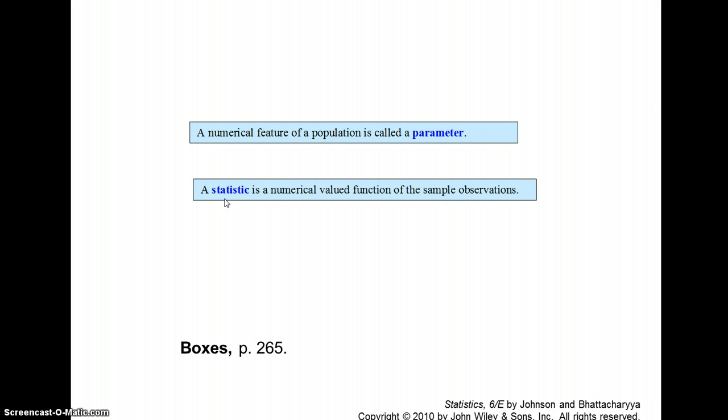So it's more like a sample mean, sample standard deviation, sample variance. So that's the difference between parameter and statistic. Parameters are examples like population mean, population standard deviation, population variance, and statistics are sample mean, sample standard deviation, sample variance.